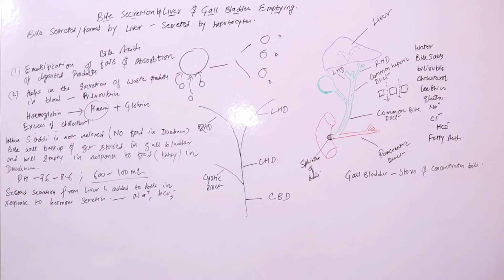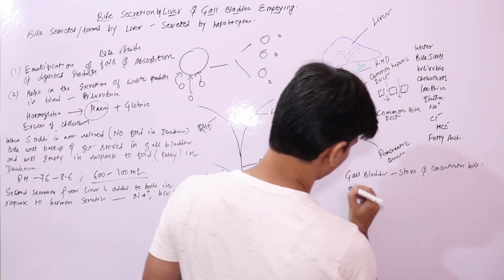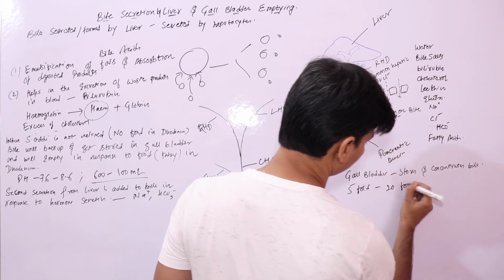So bile is stored and concentrated by your gallbladder, and the gallbladder can hold around 30 to 60 ml of bile. It concentrates your bile 5-fold to 20-fold.